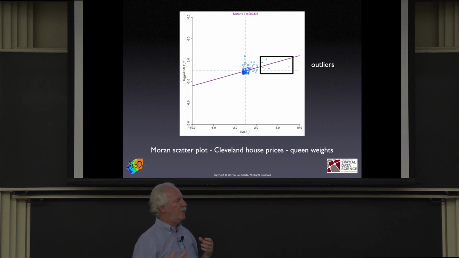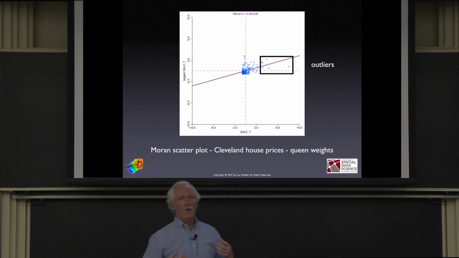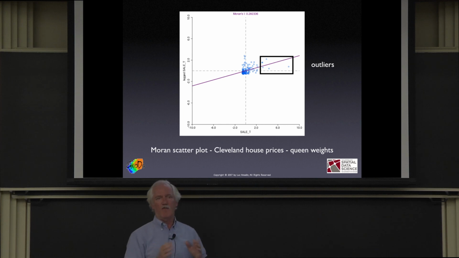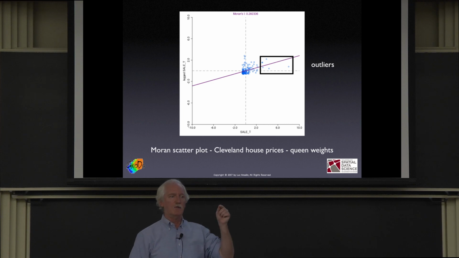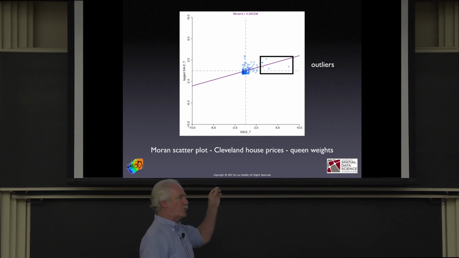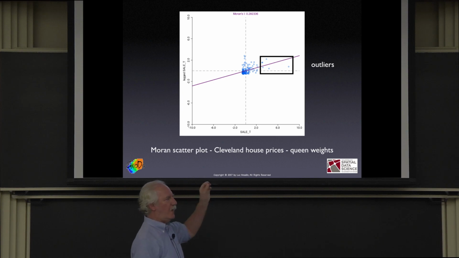And then you can refine it even more and think about the top right quadrant as high values, in the sense of above the mean, surrounded by neighbors. The spatial lag of the neighbors is the average, that are also above the mean. So we call that the high quadrant.